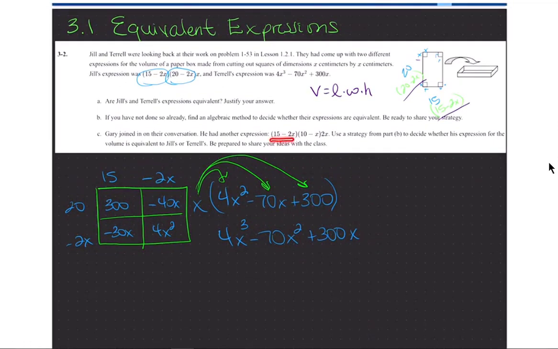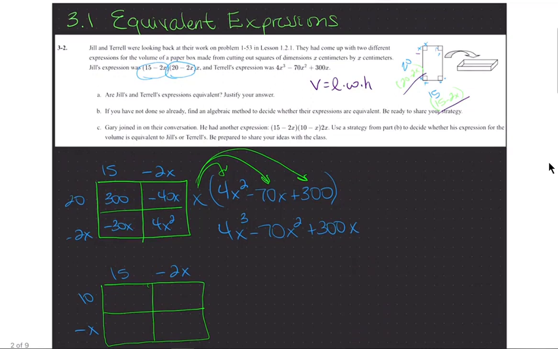I'm going to start with these two binomials, and I'm going to put them into our little area model. I'm going to have 15 minus, oh, I was going to do a different color, right? 15 minus 2x, and then 10 minus x.